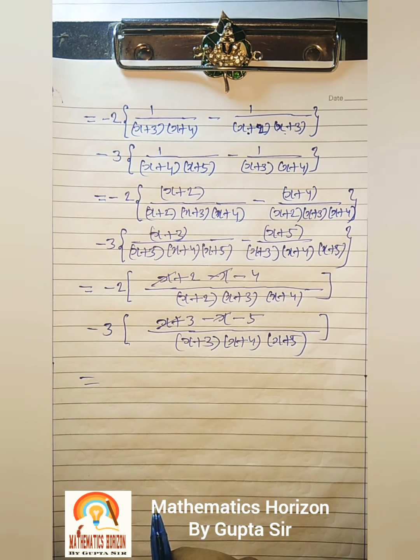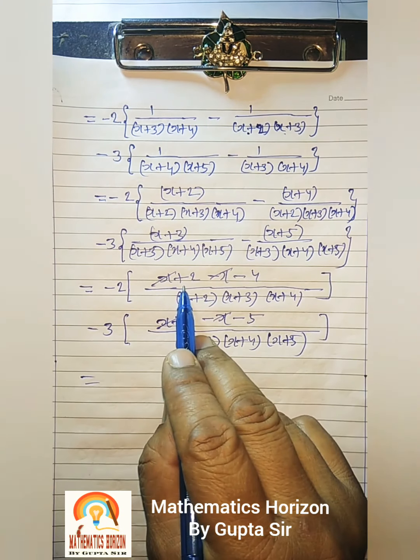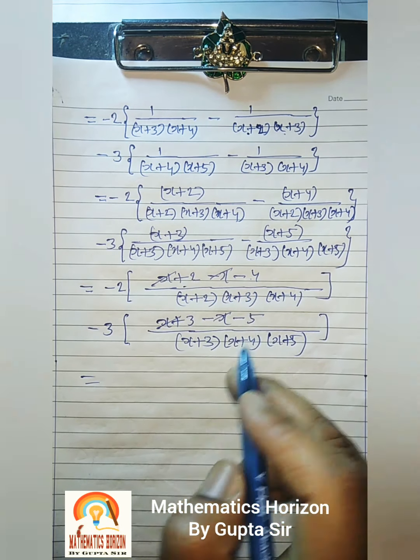What we have here, this is 2 minus 2, 4, that is minus 2.